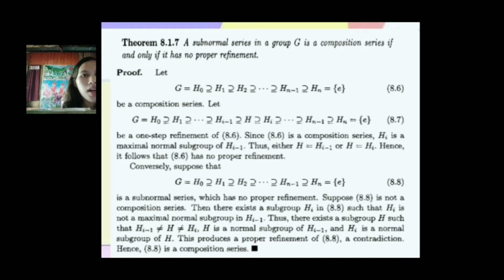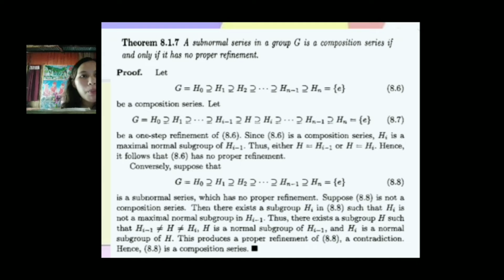Hence, it follows that 8.6 has no proper refinement. Conversely, suppose that G = H_0 ⊇ H_1 ⊇ H_2 ⊇ ... ⊇ H_{n-1} ⊇ H_n = {e} is a subnormal series which has no proper refinement.